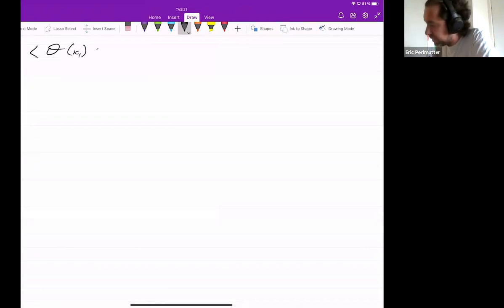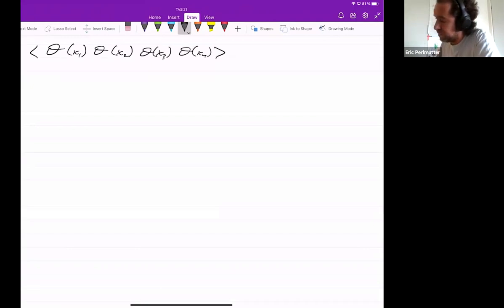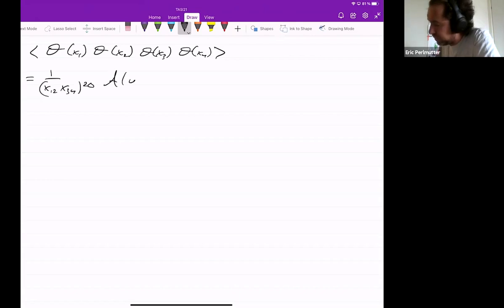For simplicity, let's consider a 4-point function of identical scalar primaries O. Using conformal symmetry, we can put this into the following form.